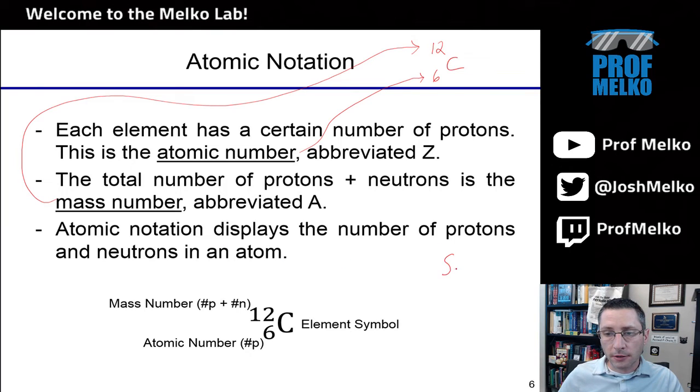Again, our symbol here is written in capital letter and lowercase letter if there's a second letter in the symbol. The atomic number, lower left, mass number, upper left. Atomic notation displays the number of protons and neutrons in the atom. Okay, so that's what we're after.